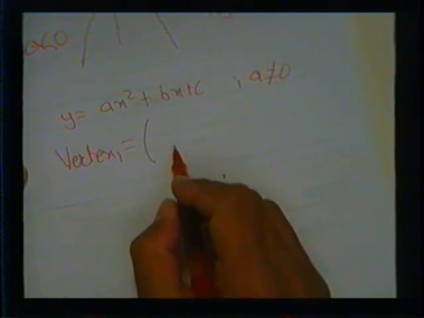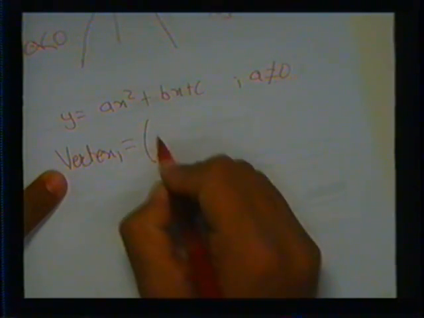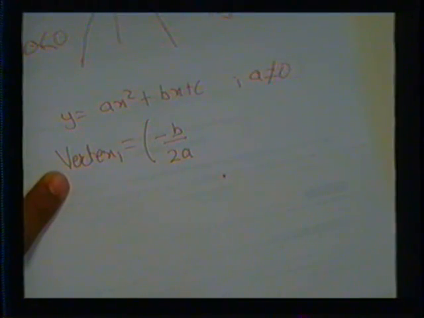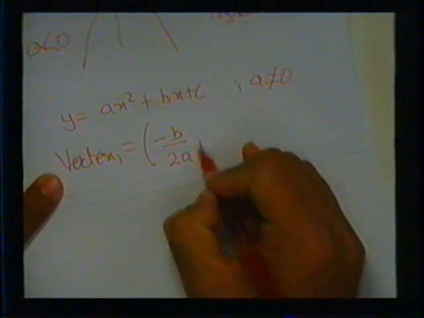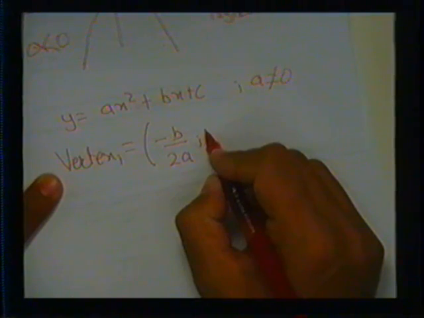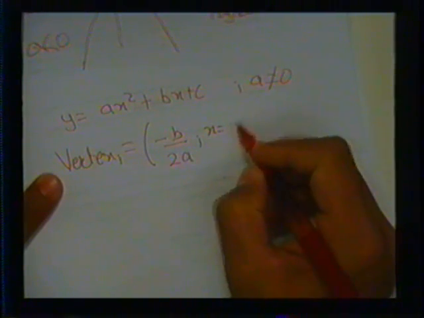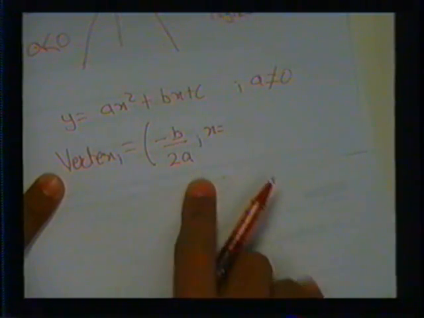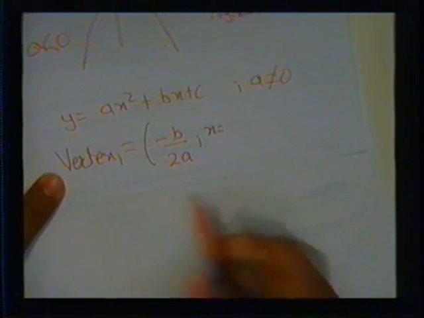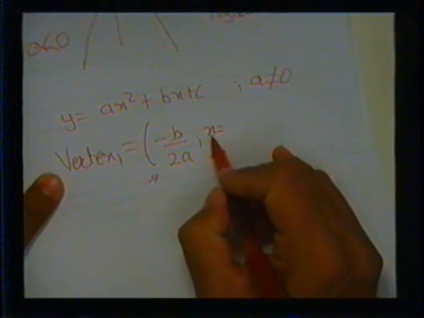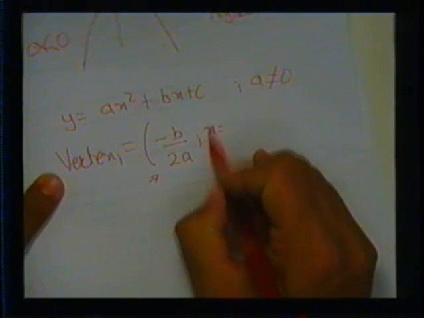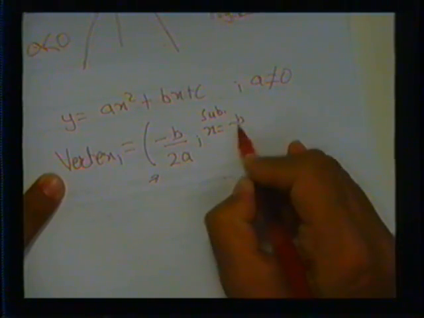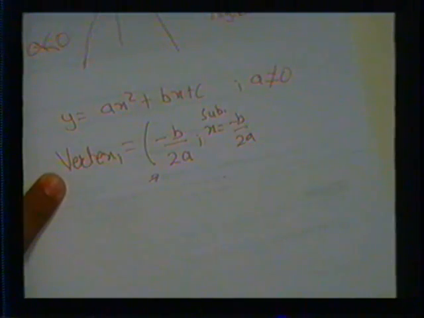The x location is given by minus b over 2a. That is the x value. And for the y value, you substitute x is equal to minus b over 2a, and then find the value of y.